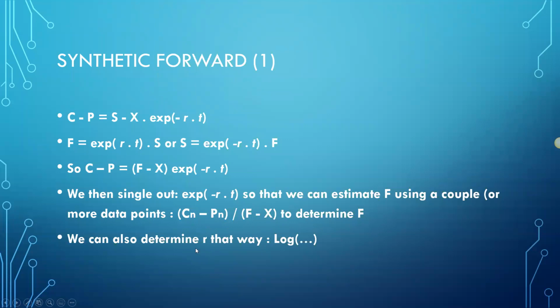Another thing is that once you have F, you can go back to this equation, S being the underlying, and you can actually figure out what is the actual interest rate used in the formula, in Black-Scholes, or even in the put-call parity, for that matter.